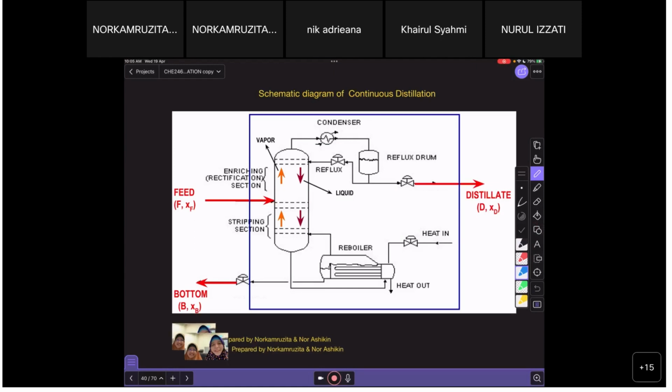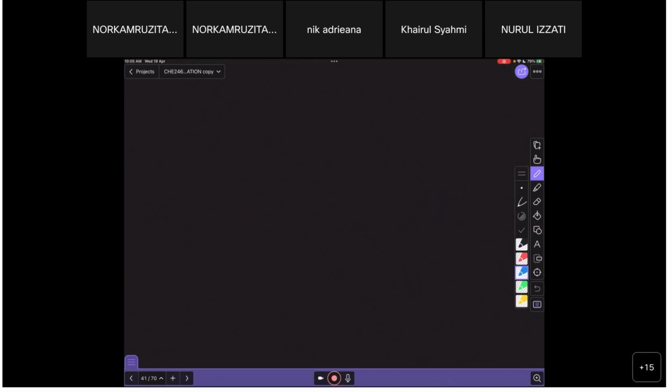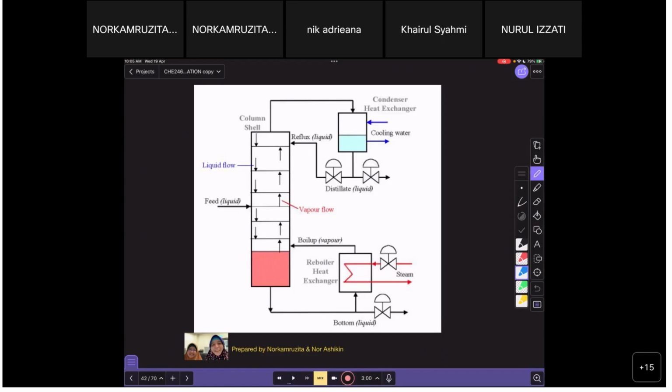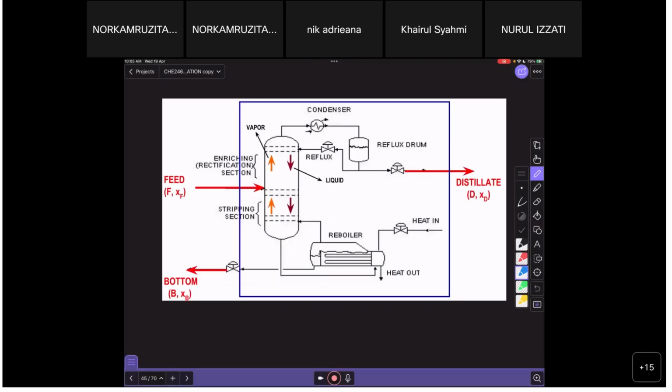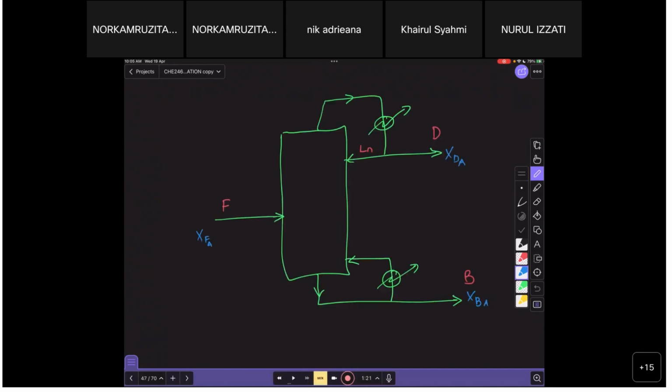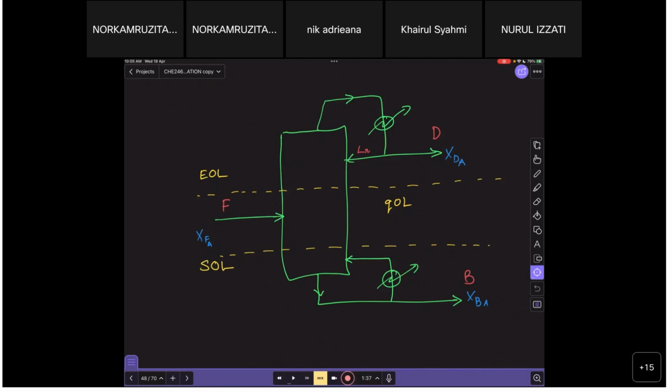This is how I simplified the diagram. You have your reboiler here and your condenser here.